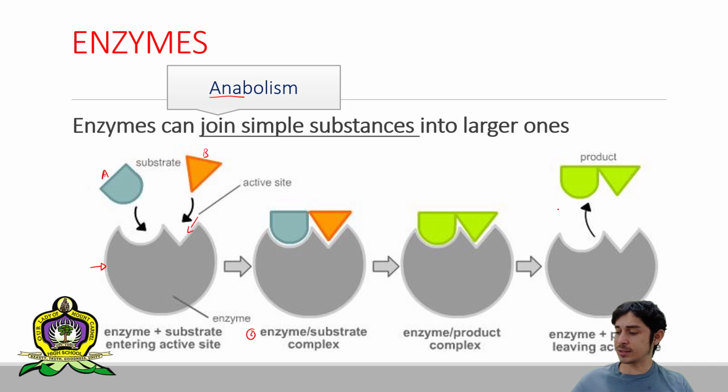And once they are joined, the enzyme will release the new product, and the new product is a larger substance than the original substrates. This is known as anabolism. Anabolism is the group of reactions occurring within the body that is used to build larger substances.